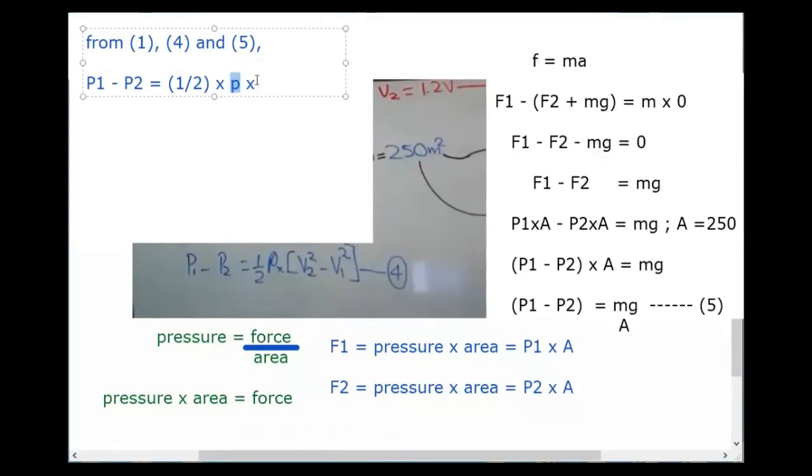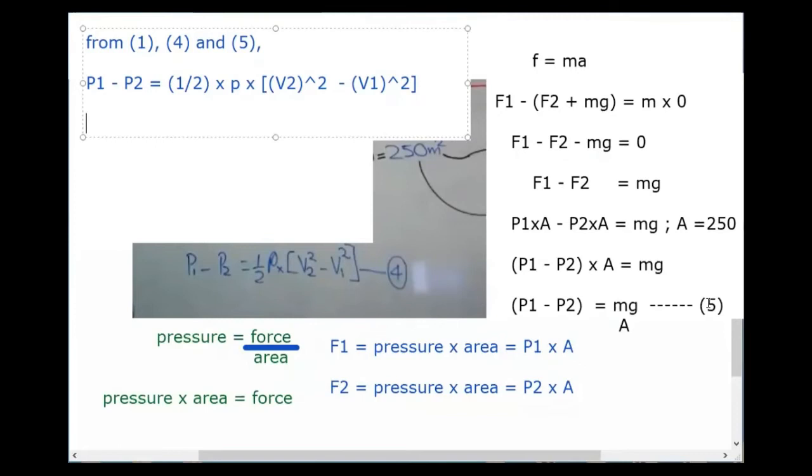Half into rho into V2 square minus V1 square. Am I right there? You see, P1 minus P2 equals half rho V2 square minus V1 square is equation number 4.